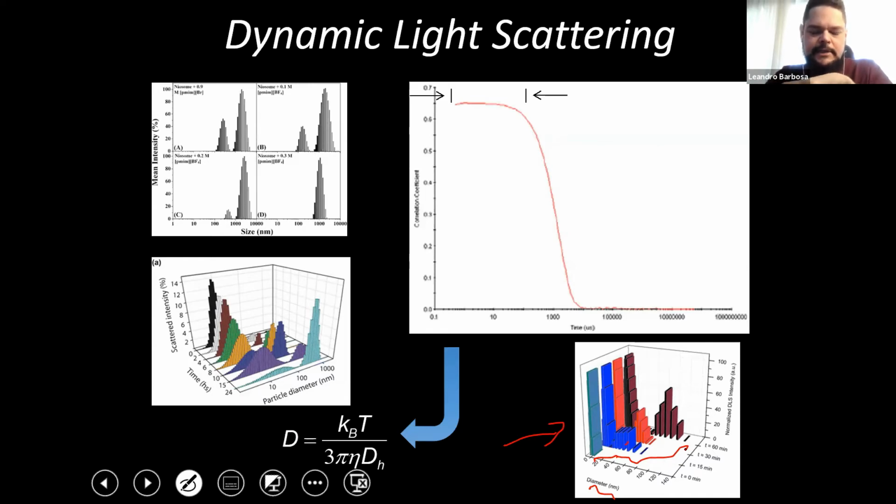It is also nice to check if you have a clean sample, because the presence of dust can interfere a lot in this kind of experiment. Another important thing regarding DLS is that the amount of sample needed to make an experiment is extremely low. So you can have very nice results with a very small amount of sample.